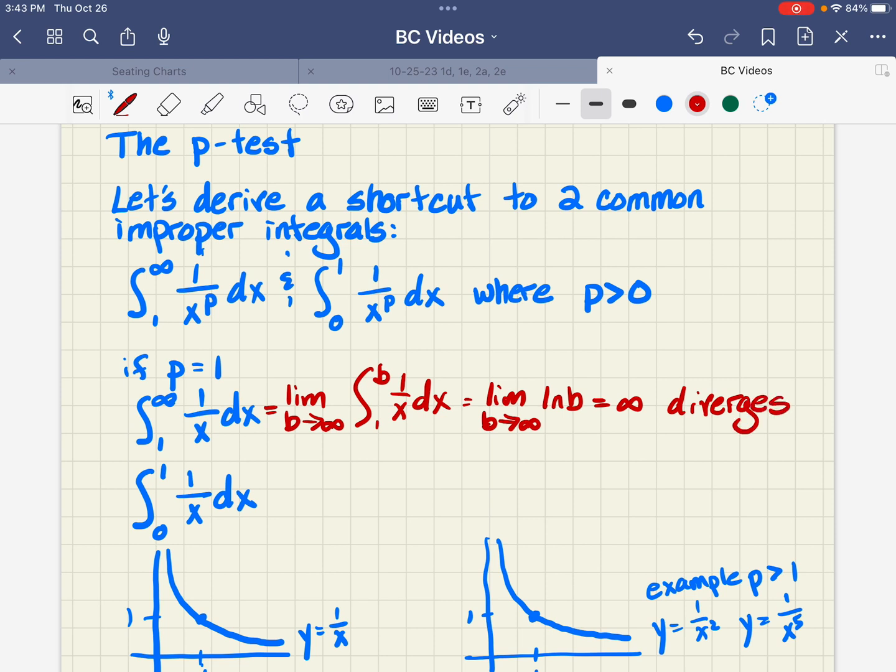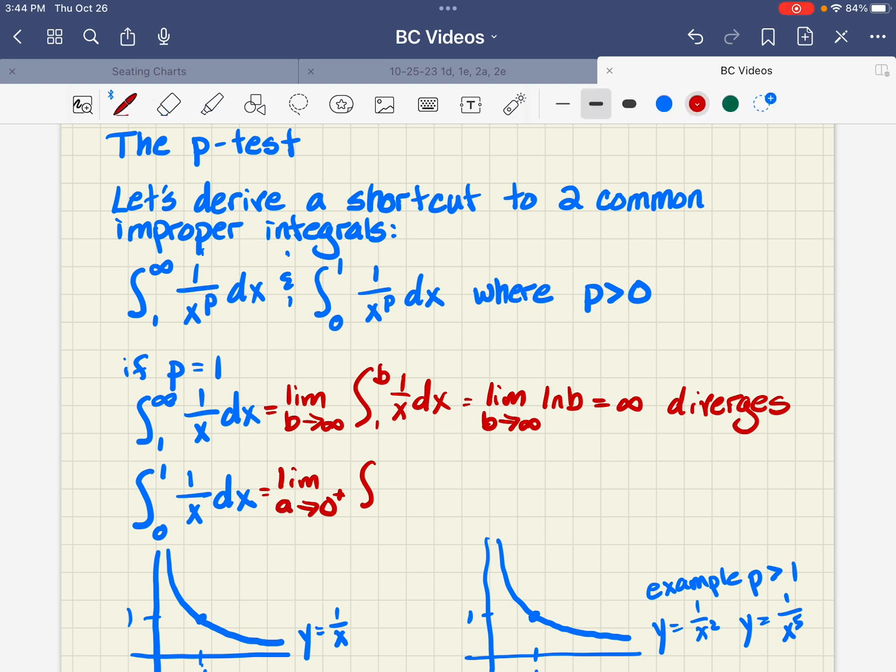Similarly, the integral from 0 to 1 is also improper. That one is less obvious, but there's a discontinuity when x is 0. We would have an asymptote. So this would equal limit as a heads to 0 from the right of the integral from a to 1 of 1 over x dx. I like to use an a for that lower bound.